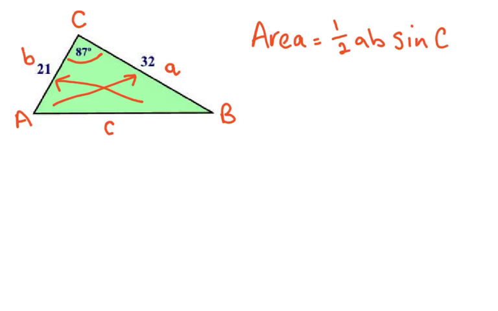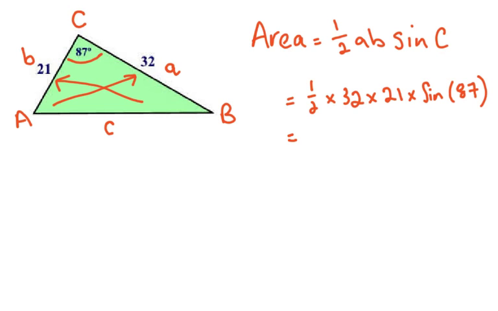Once we've got this information, we can now put it into our rule. So it's half times a, which is 32, times b, which is 21, times sine C, which is 87. We then calculate our answer. You can put this all in one hit onto your scientific calculator, or you can use the NumSolve option on your ClassPad calculator.